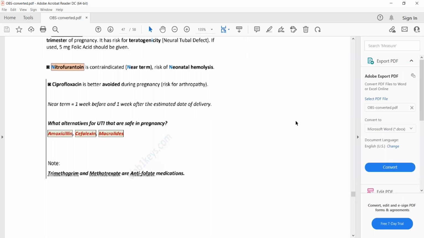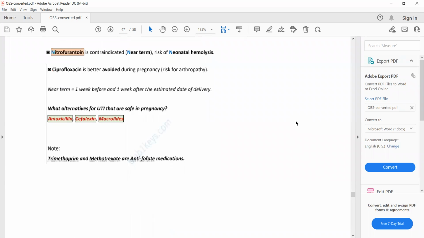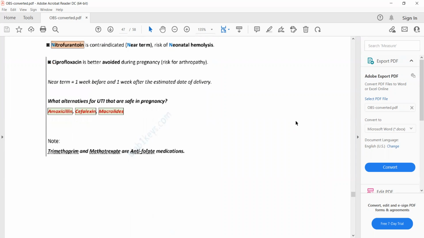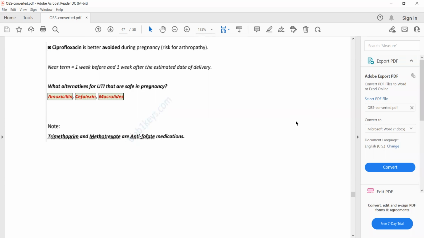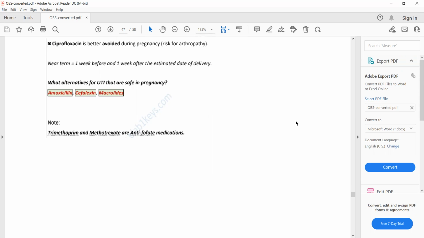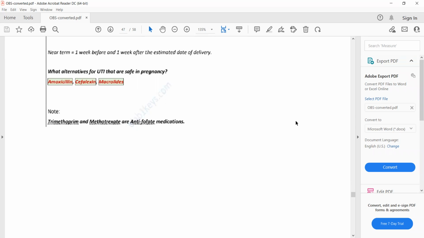Ciprofloxacin is used for the treatment of UTI, upper UTI in general population, but it is avoided during pregnancy because of risk of arthropathy. So nitrofurantoin is usually avoided near term. What is near term? 1 week before and 1 week after the estimated date of delivery.